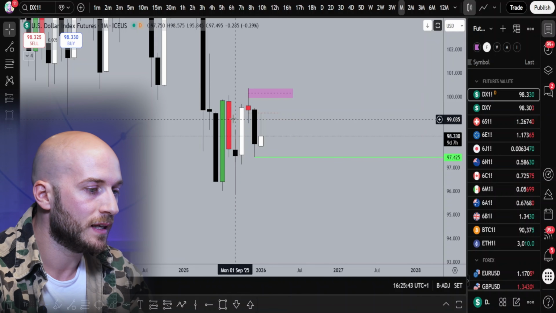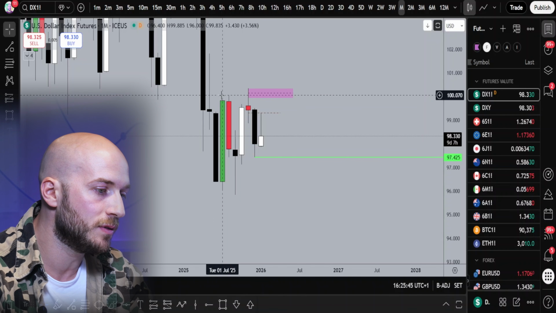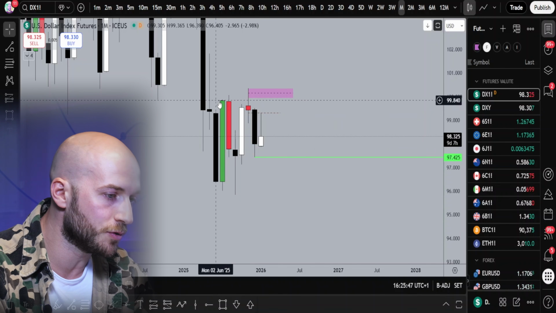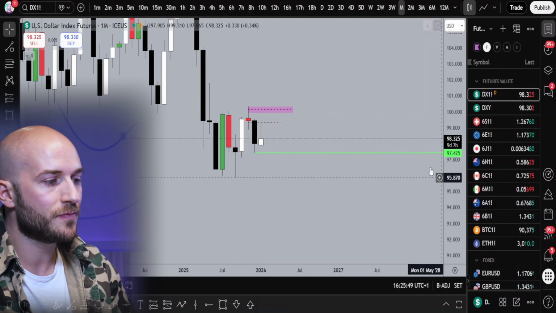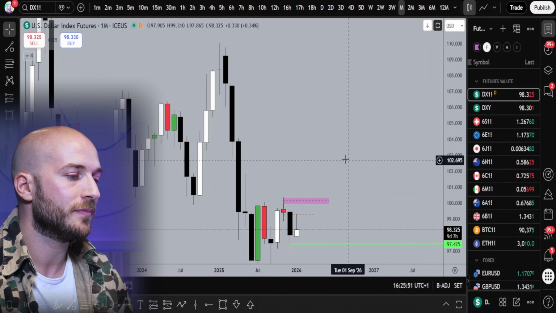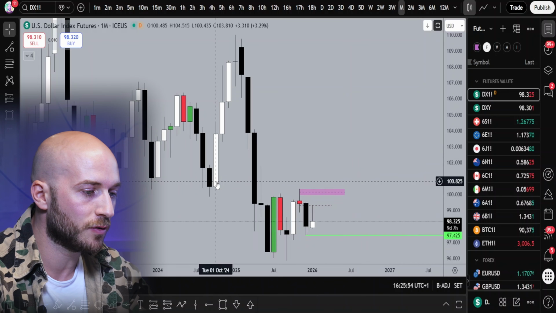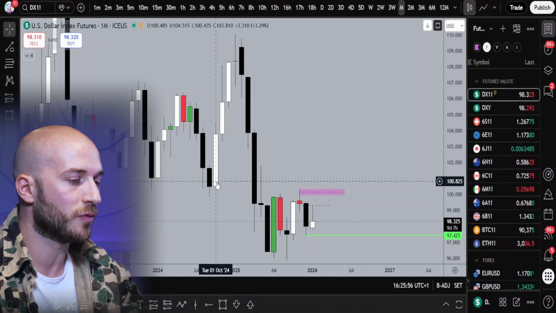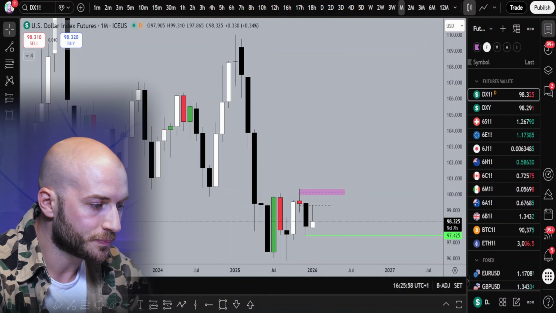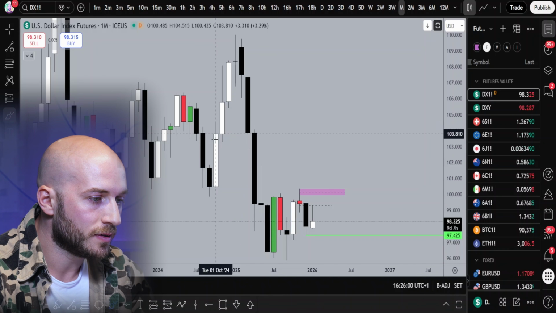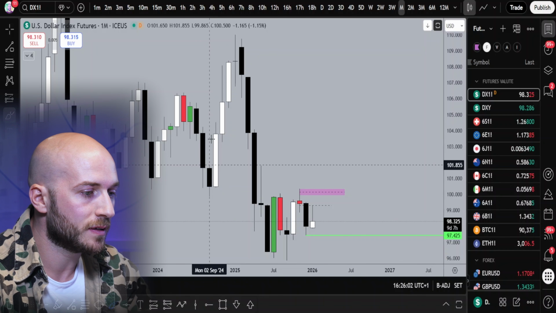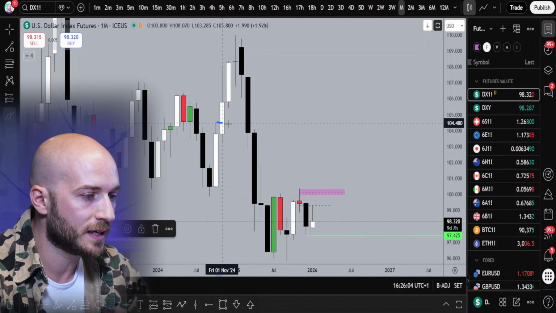And on top of that, the red ones are the candles that take out the high and close below the closure of the previous one. So let's follow the bias concept in each candle from October 2024, for example. Okay, so this candle closed above the high of the previous one, so I'm expecting this high to be taken.